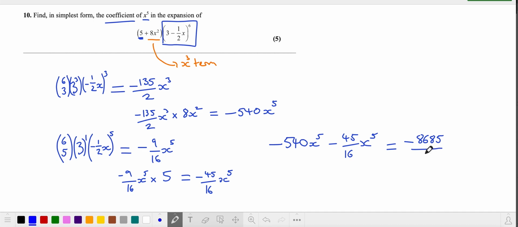Minus 8,685 over 16 x to the power 5, which leads to our coefficient of that x to the power 5 term being this number. It only wanted the coefficient, although if you write the whole term with the x to the power 5 there, then it's pretty clear that the coefficient is the number in front of it.